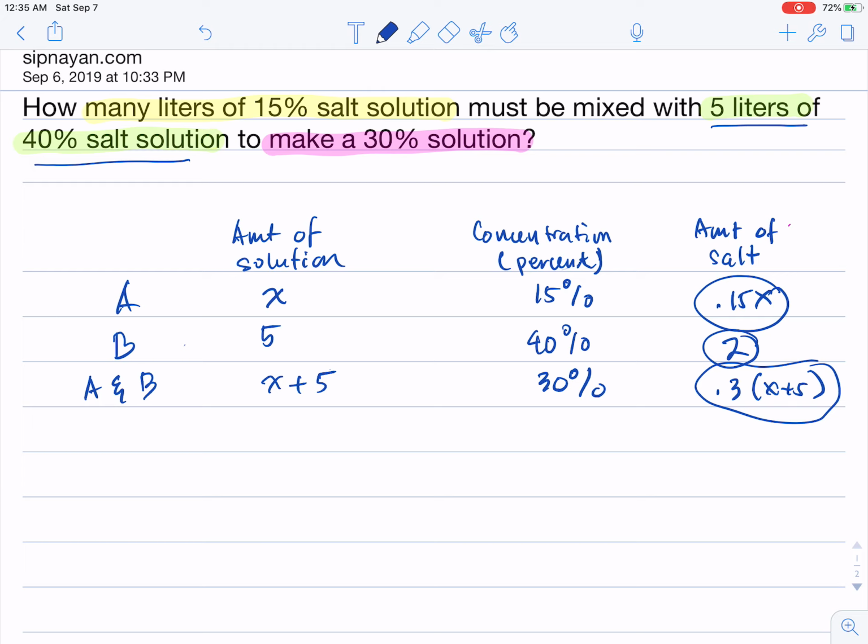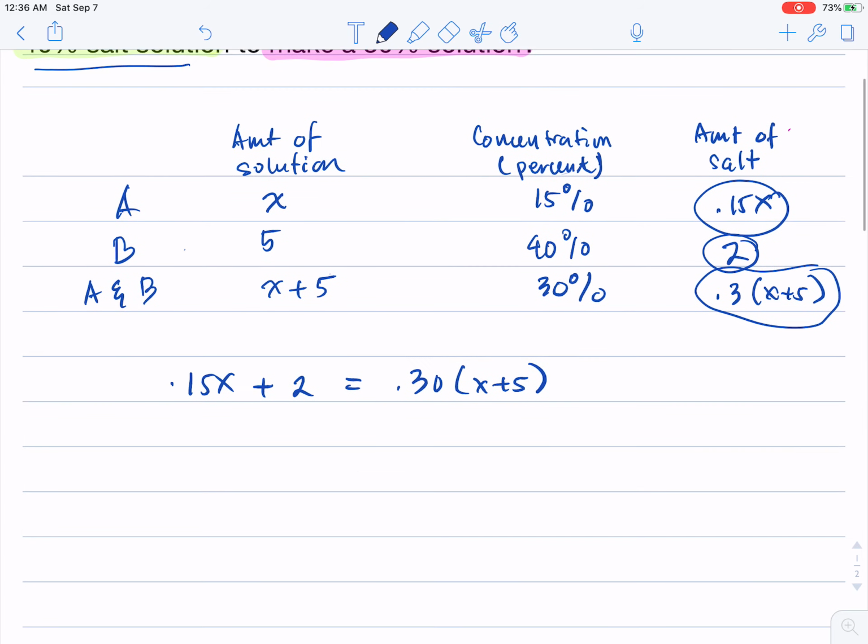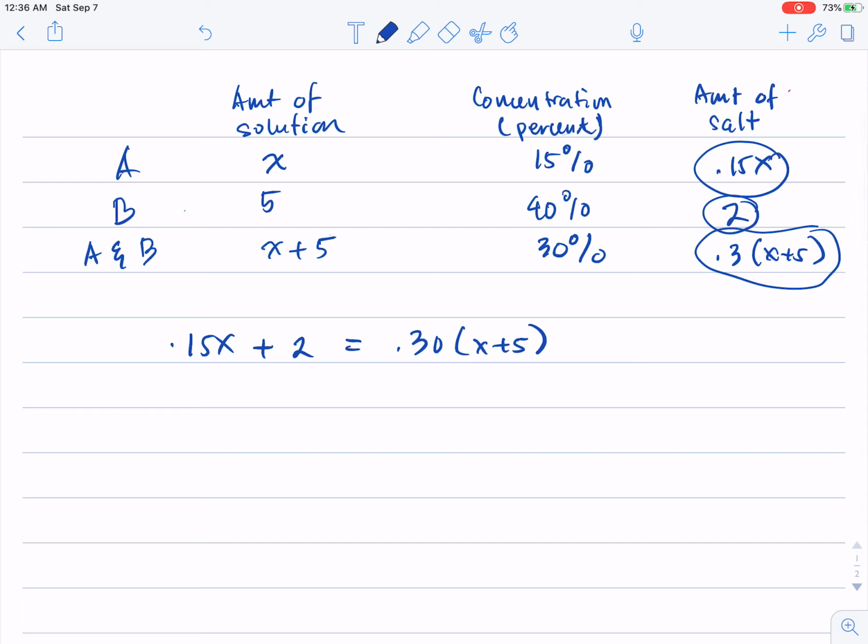So, equal yung salt ng A plus salt ng B, equal siya dun sa salt na pinag-combine. Yung sum nila, equal siya sa salt na pinag-combine ng dalawang solutions. So, 0.15x plus 2 equals 0.3 times x plus 5. Okay? O, ito na, equation na. Ibig sabihin, masasolve na natin.